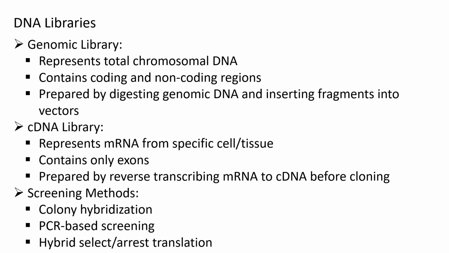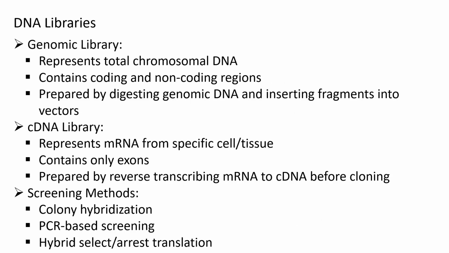We also learned about DNA libraries. Genomic libraries represent total chromosomal DNA. They contain coding and non-coding regions, and are prepared by digesting genomic DNA and inserting fragments into vectors.